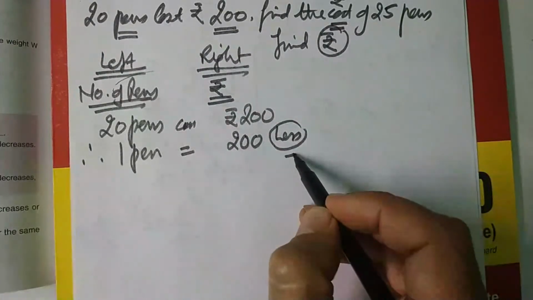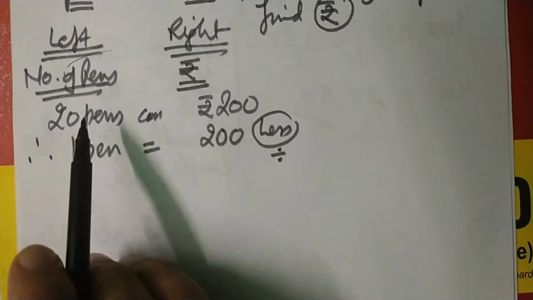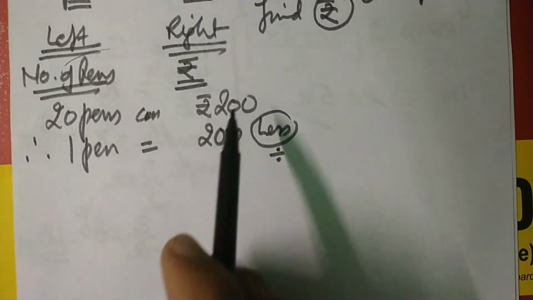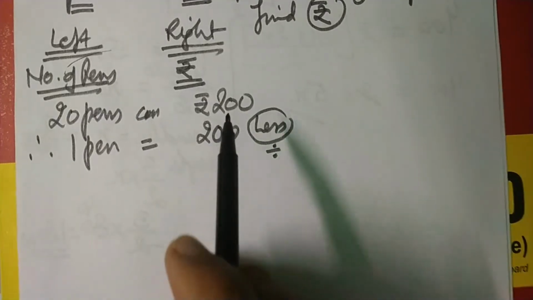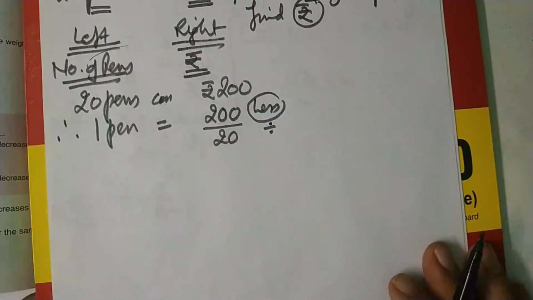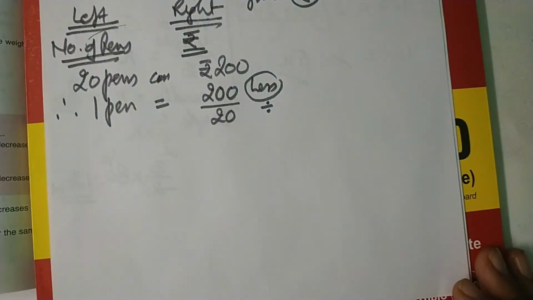Less means divide. So 20 pens cost 200, 1 pen will cost 200 upon 20. So the right side number is divided by the left side number.